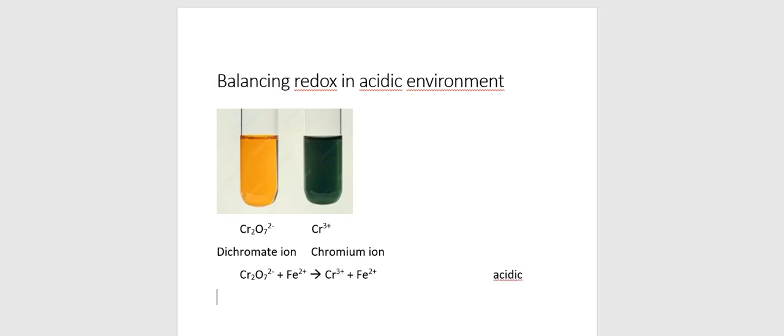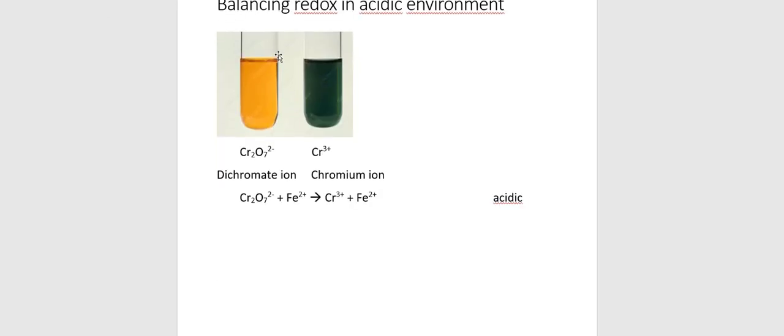Now, as we have spoken this morning about how to do these things, the first thing to do will be to identify the two atoms participating to the redox. If you see the chrome, I have to call the chrome ion.